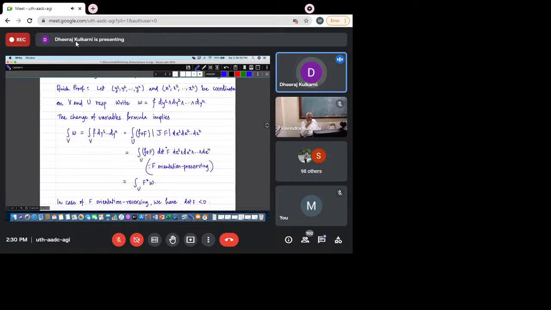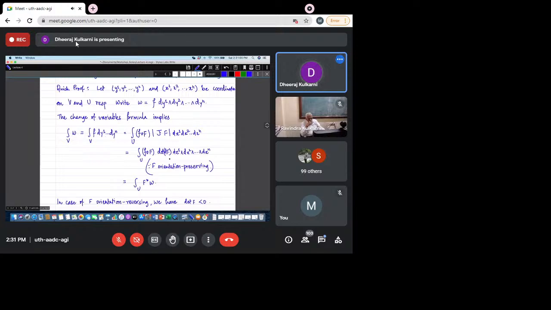If we see what this Jacobian is, we know that it can be rewritten as the determinant of df at the point p. This is happening point-wise, so we are not referring to the point. And the other side is the volume form in the coordinates x1, x2, up to xn.